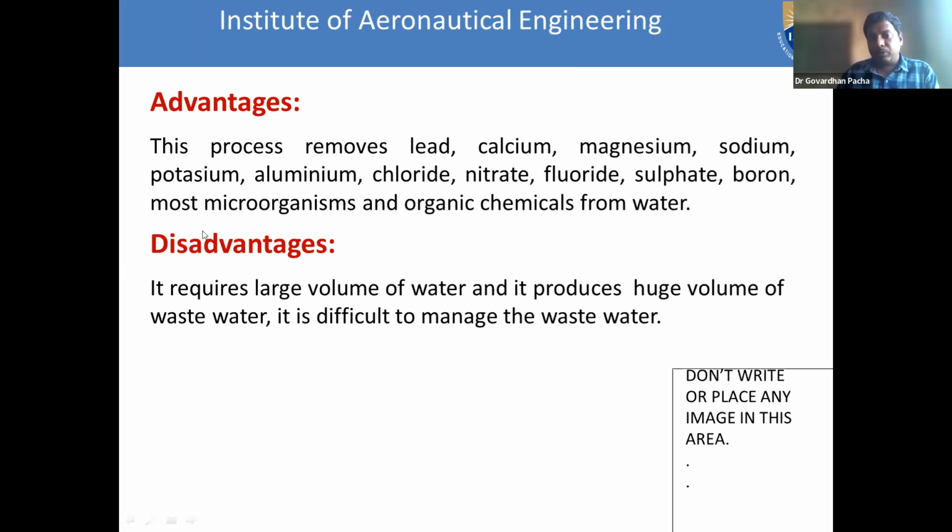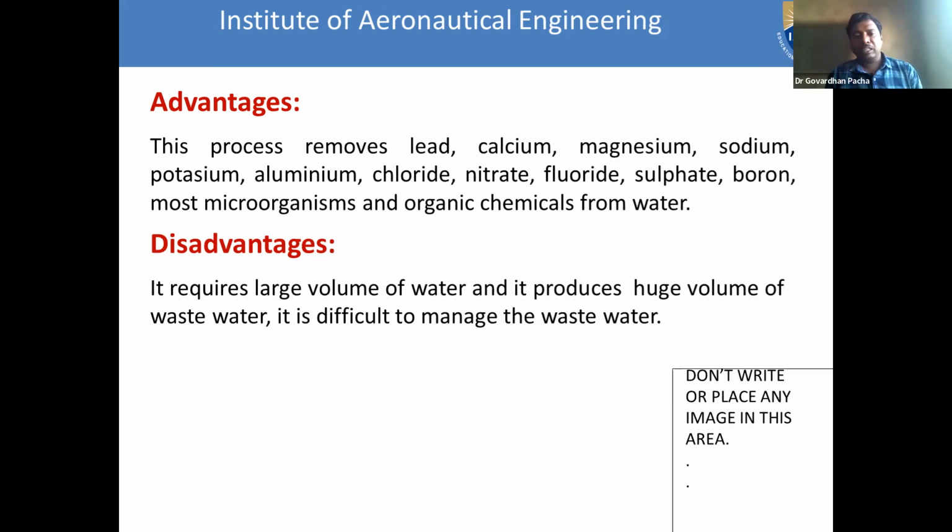It is also applicable to most microorganisms, which are non-ionizable impurities, and organic chemicals, some of which are non-ionizable. Even if the substance is non-ionizable, those impurities are also removed by reverse osmosis. That is the advantage of reverse osmosis compared to the ion exchange process.